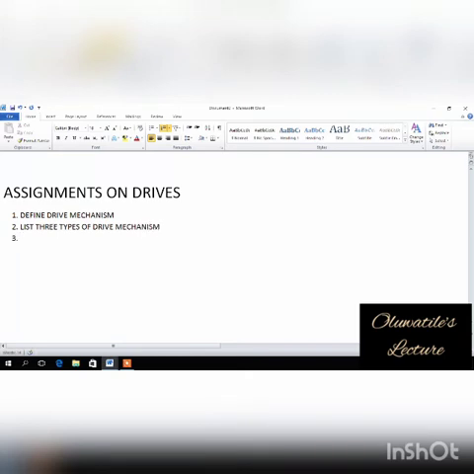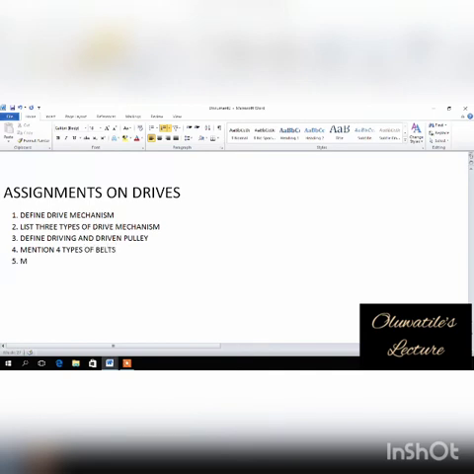Number 3 is define driving and driven pulley. And number 4, mention 4 types of belt.